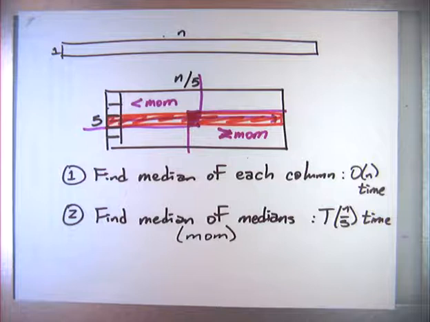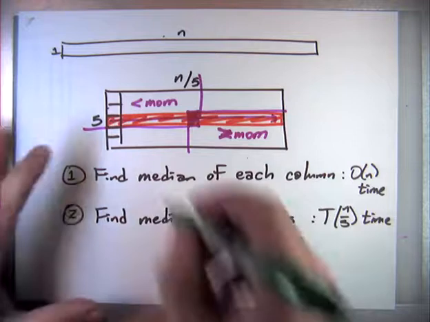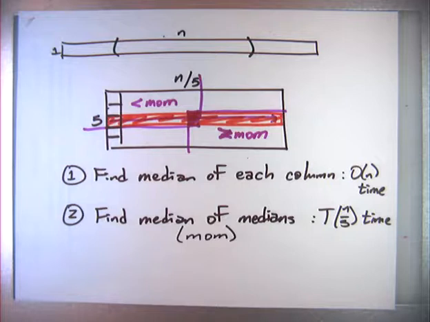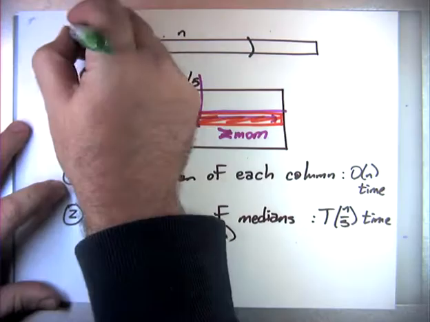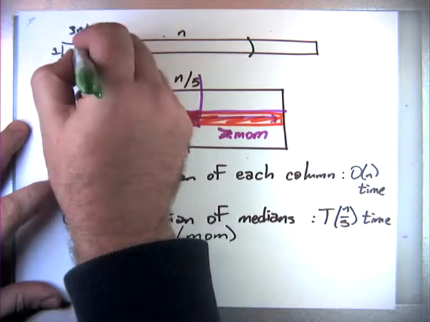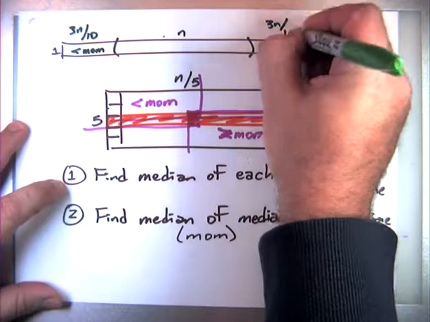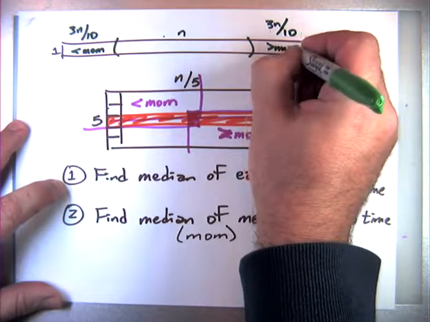So the nice feature of this particular element in the array is that it's somewhere in the middle. If you imagine, again, just for purposes of doing the analysis, sorting the original one-dimensional array, there's 3n over 10 elements that are all smaller than MOM. And there are 3n over 10 elements that are all bigger than MOM.